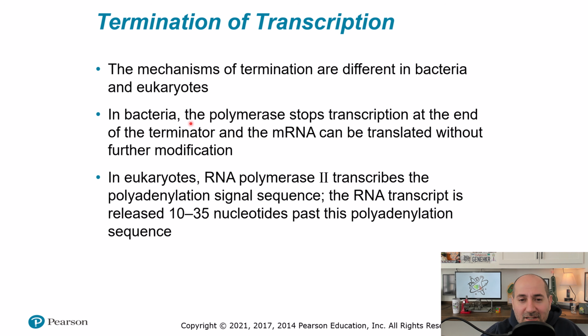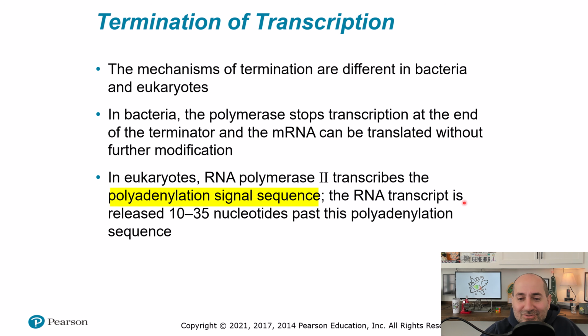In bacteria, the polymerase stops transcription at the end of the terminator. The terminator is the sequence at the end of that gene. The mRNA can be translated without further modification. But in eukaryotes, do you remember about RNA processing? I told you that there needs to be some RNA processing. So in eukaryotes, RNA polymerase II transcribes the polyadenylation signal sequence.